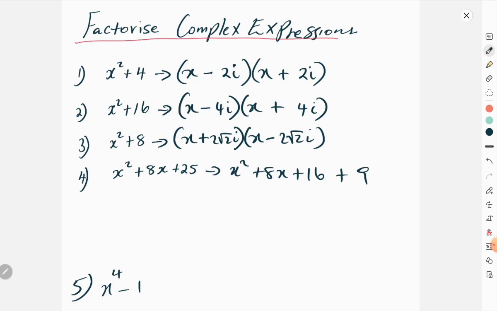So we haven't made any change here, we just broke down this 25 to be 16 plus 9, such that the first three terms can be factorized in the form of x plus 4, x plus 4, then plus 9.